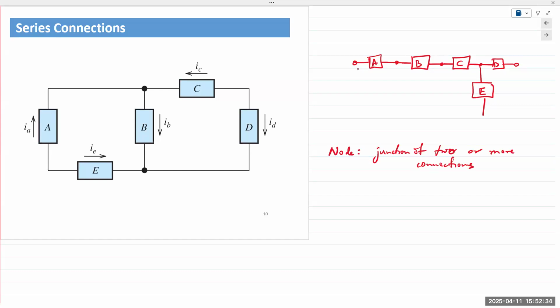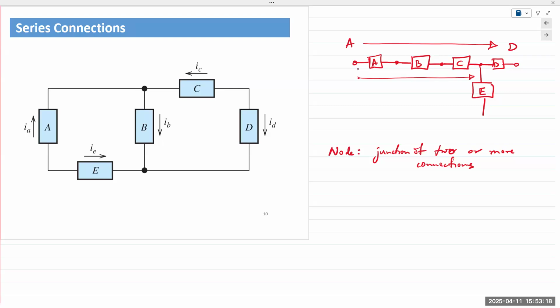So we can say, first, when nothing was connected, the series connection went from A to D. Now it is going from A to C. So A, B, and C are still considered to be in series, even though that element is connected between C and D, from the outer end of A to the outer end of C. So that's in series.